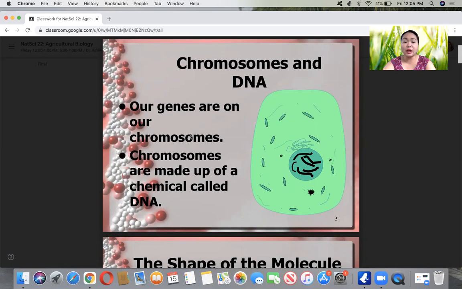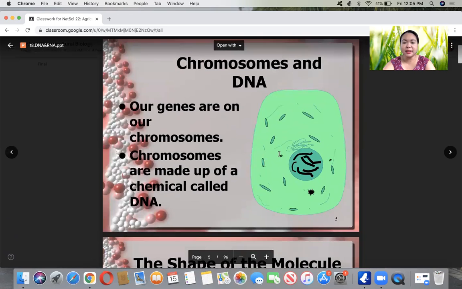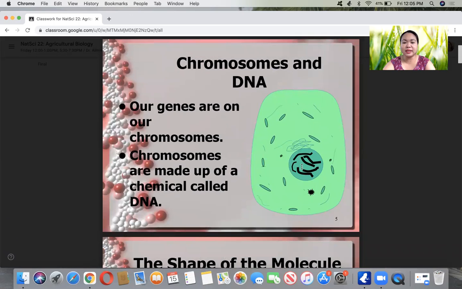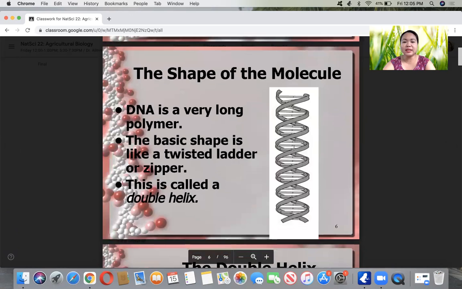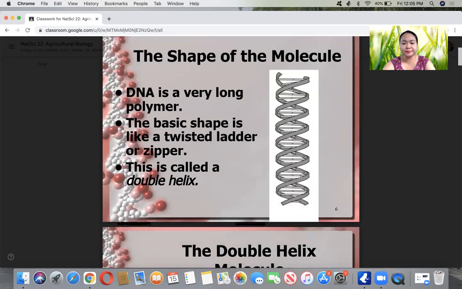So our genes are in our chromosomes, which are made up of the chemical code DNA. The DNA is a very long polymer. The basic shape is like a twisted ladder or zipper, which is called a double helix.